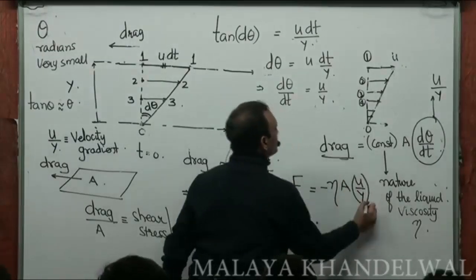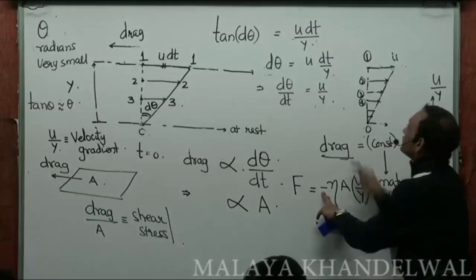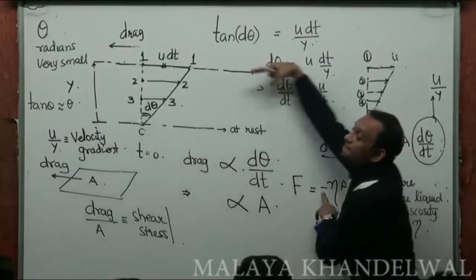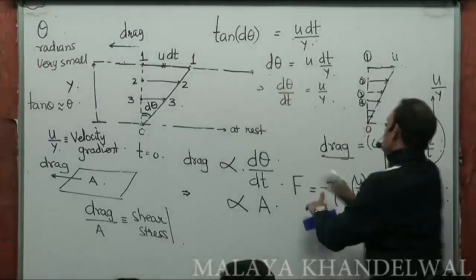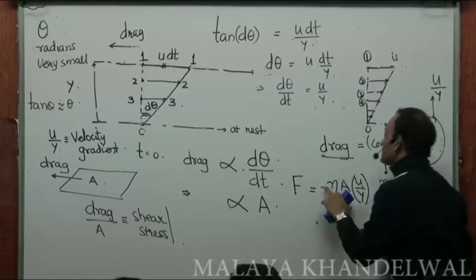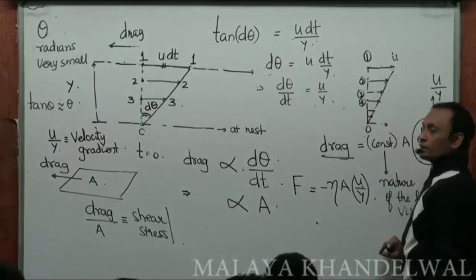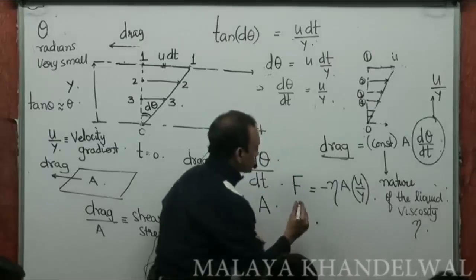What this minus sign simply means is that if u is to the right, then this F would be to the left. If u is to the right, F negative means F would be to the left. It's called the viscous drag.